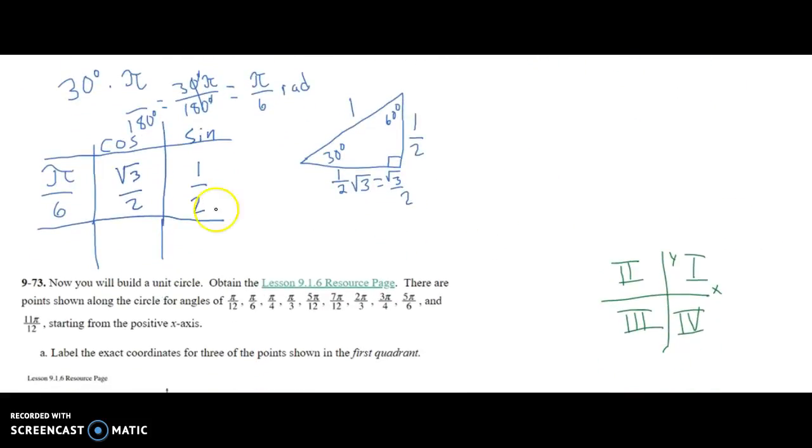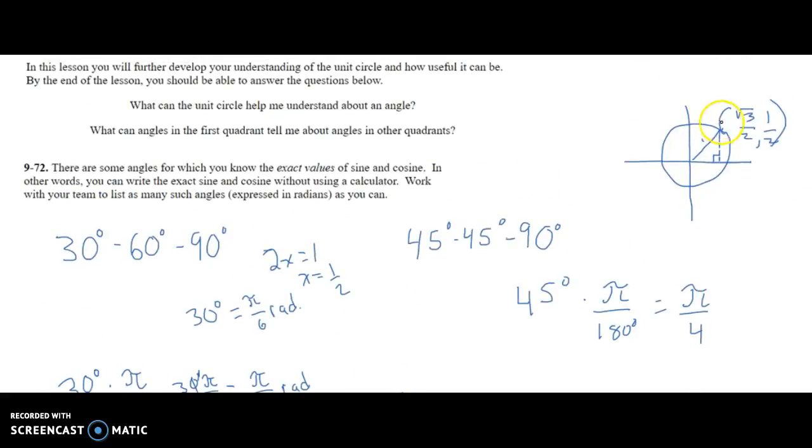And so I'm going to put pi fourths over here. And we want to find what our x values are. So what is our x and y value for a 45, 45, 90 triangle, or for a pi fourths measurement?